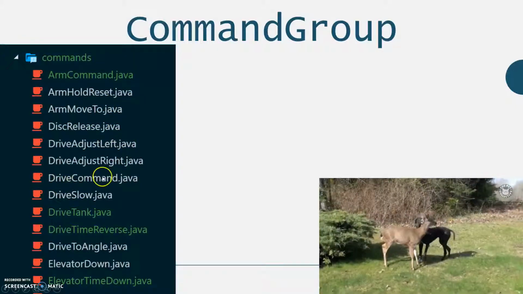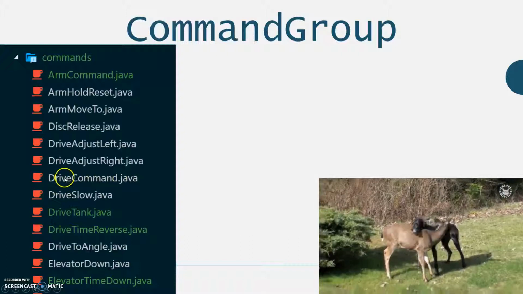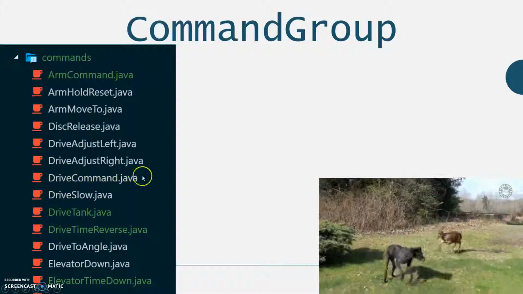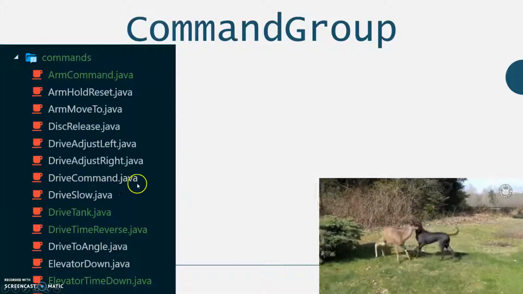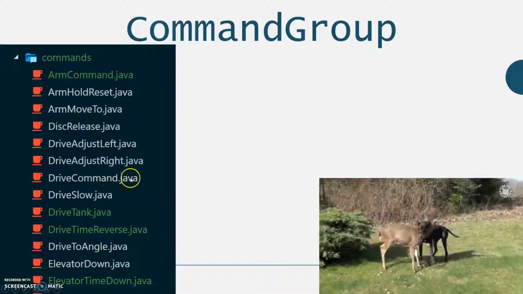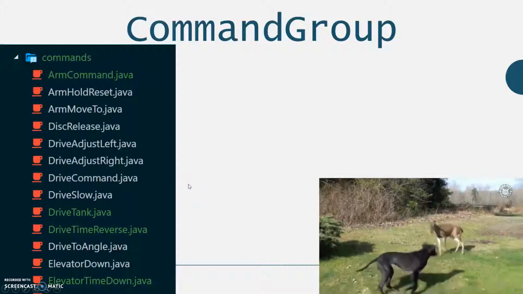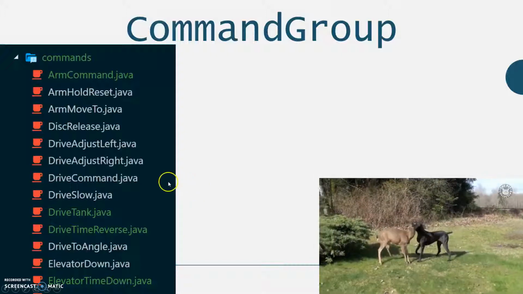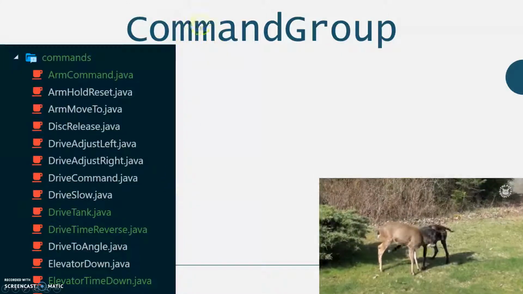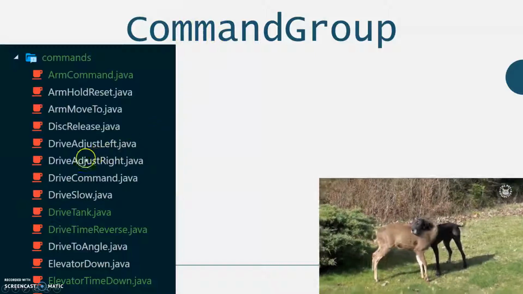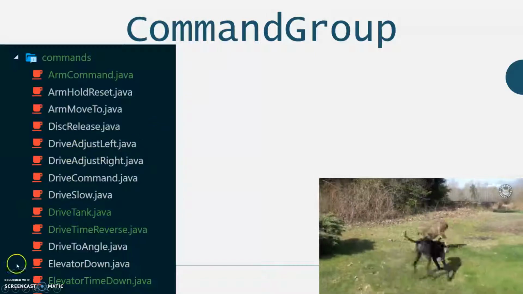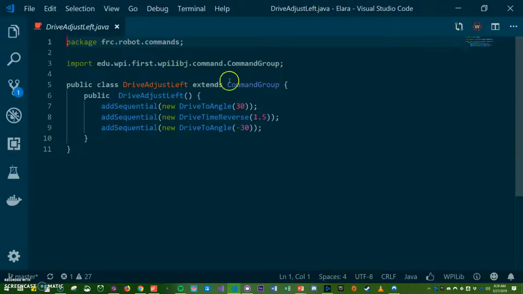So there are the endless commands, so like drive command that has no end. There are commands that we use in a really simplistic way, like the kickstand down command we just looked at. But there are command groups now too, like drive adjust. So now this drive adjust runs sequential commands.